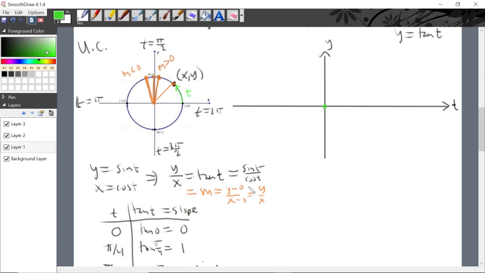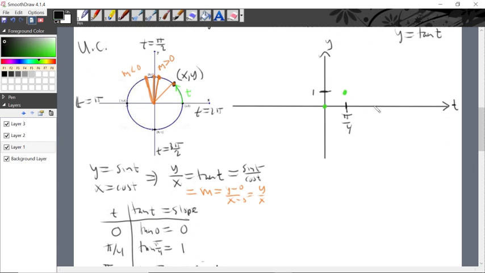And then if t is equal to pi over 4, the tangent of t is going to equal 1. So let's put 1 on the y-axis here, and we have a point right there.